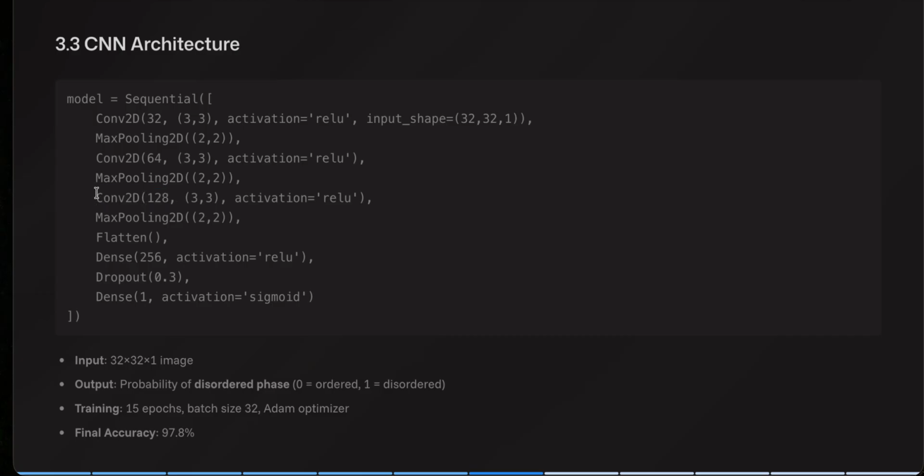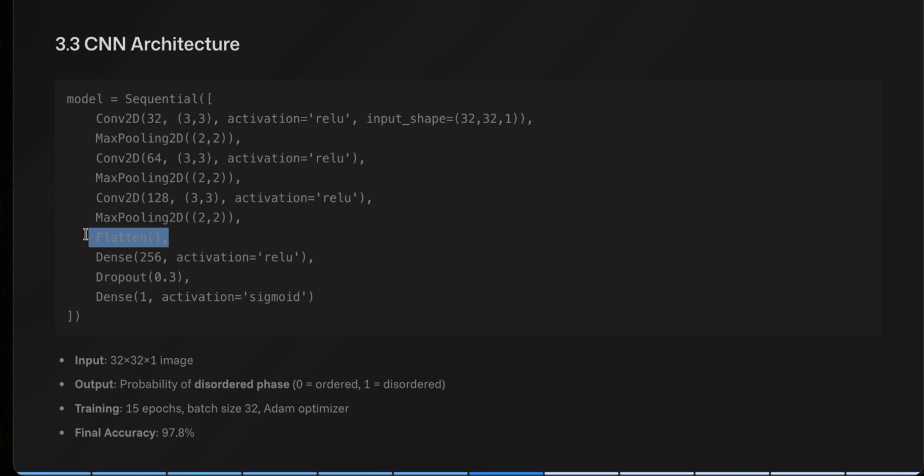This further reduces the size, and Conv2D 3 by 3 identifies large patterns of full domains, and this is the final compression.